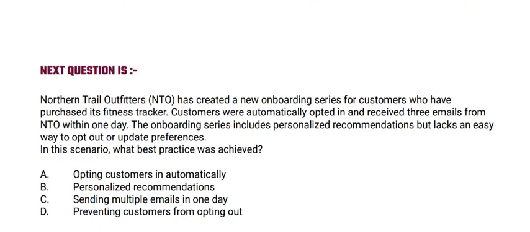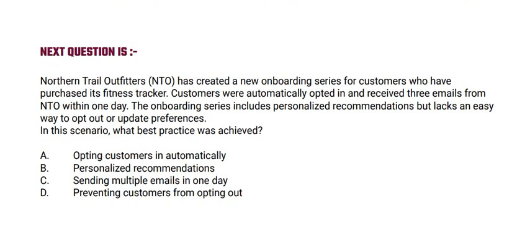Next question is, Northern Trail Outfitters (NTO) has created a new onboarding series for customers who have purchased its fitness tracker. Customers were automatically opted in and received 3 emails from NTO within one day. The onboarding series includes personalized recommendations but lacks an easy way to opt out or update preferences.